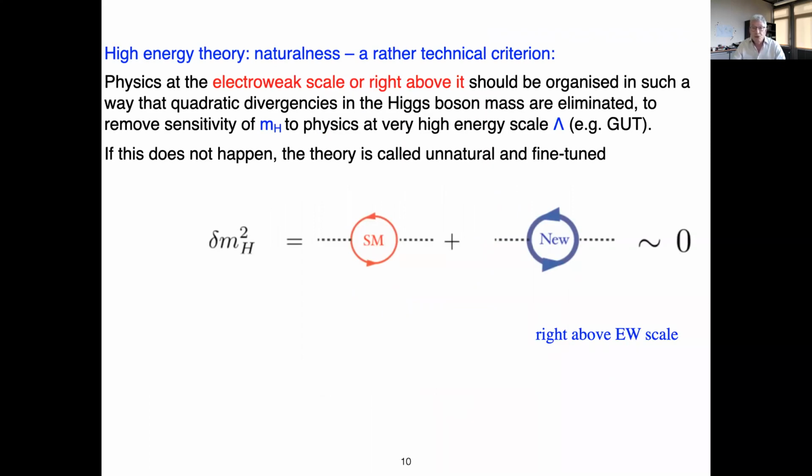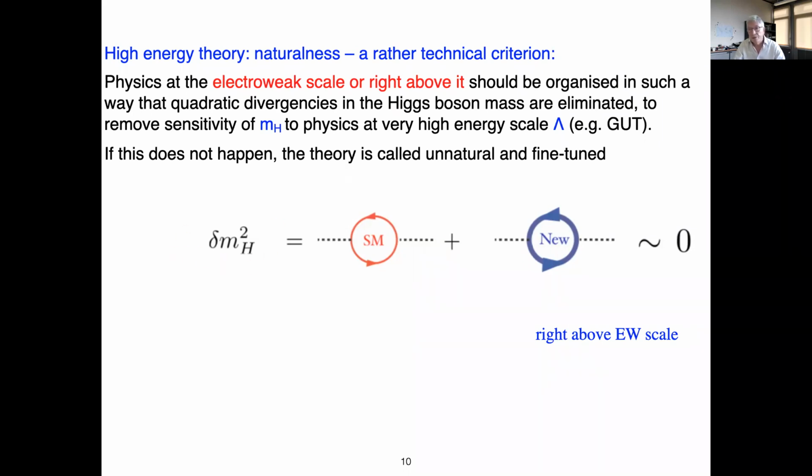On more serious grounds, naturalness in high energy theory is a rather technical criterion. I think it can be formulated in the following way: the physics at the electroweak scale, or right above it, should be organized in such a way that quadratic divergences in the Higgs boson mass are eliminated, to remove sensitivity of the Higgs mass to physics at very high energy scales. And this statement is often represented in the following way.